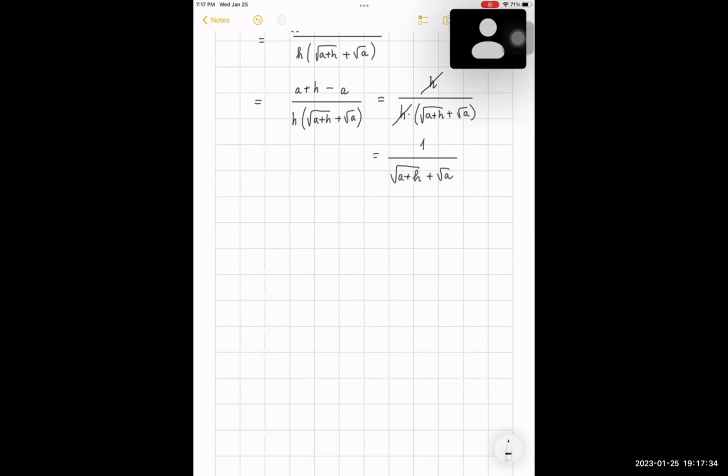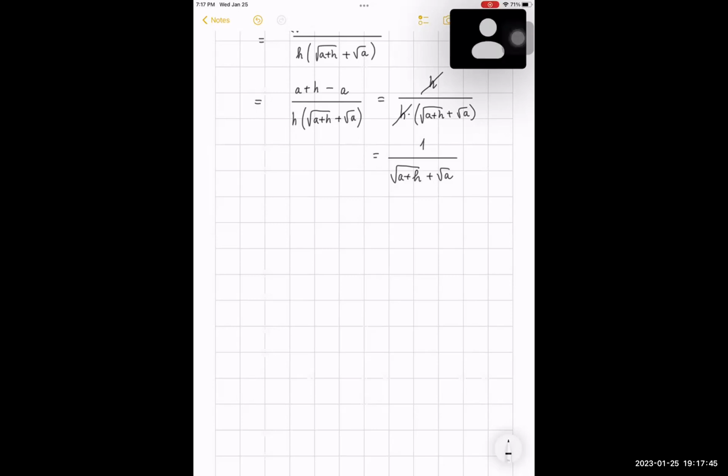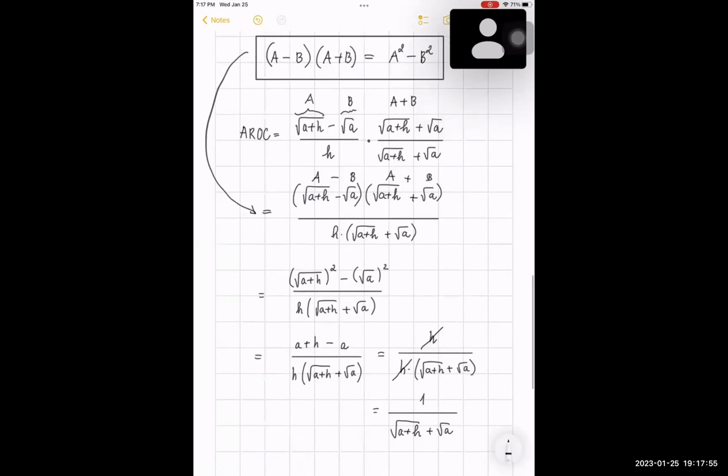Hey, Professor. Okay, question. Will you just scroll up just a tad, just so I can see a little bit more? Sorry, can you say it again? Yeah, will you scroll up just a little bit so I can see a little bit more? Okay. You don't have to go that far. Just where it says root of a plus h squared minus root of a squared.